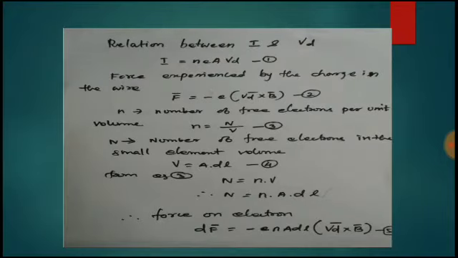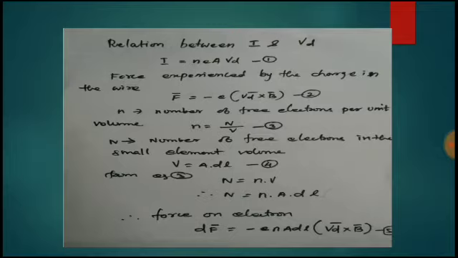Now see this. When a current carrying conductor is placed in a magnetic field, the force experienced by the wire is equal to the sum of the Lorentz forces on the individual charge carriers in the wire.